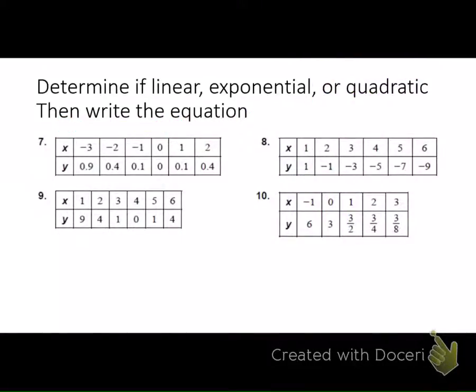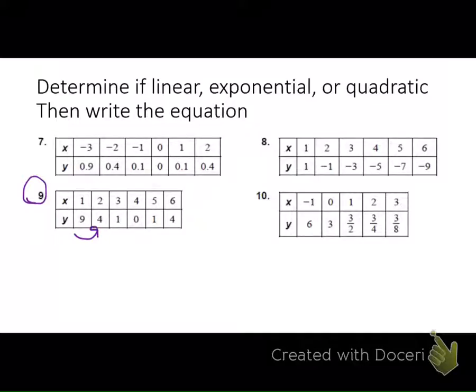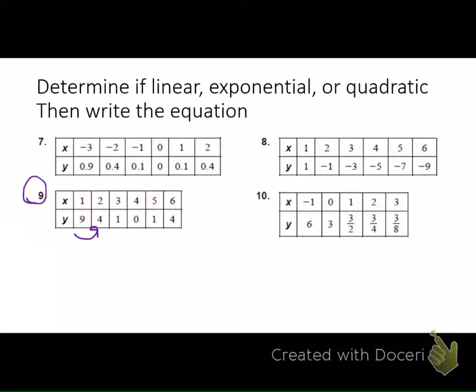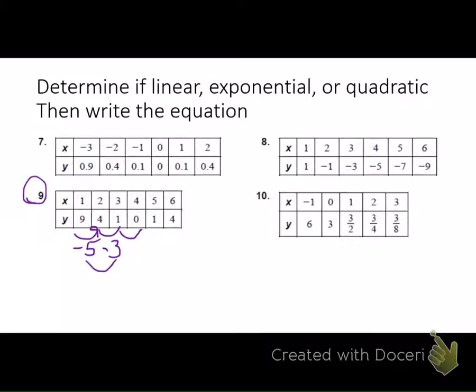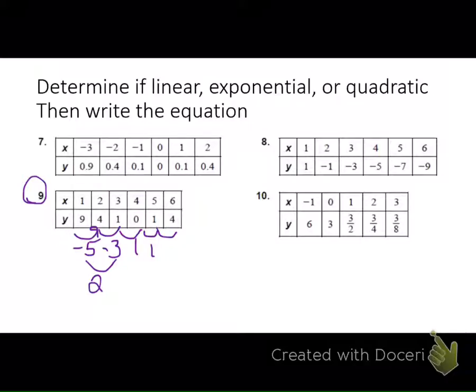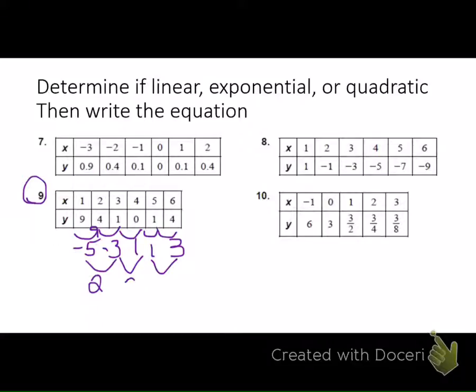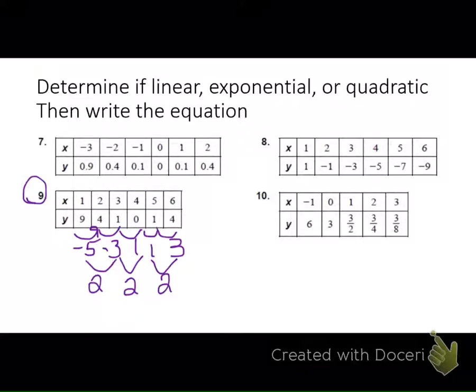Let's look at number 9. So we said this was going up by 5, down by 5, down by 3, 1, and 3. All right, do we have any of the x-intercepts? No, but we probably could find some, right?